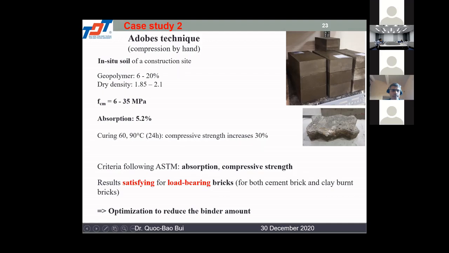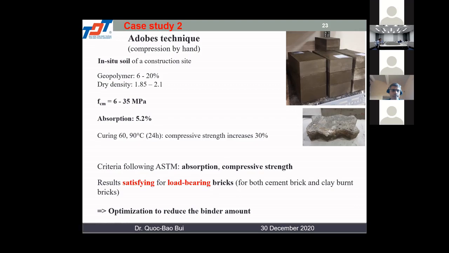And we observe that curing at 90 degrees Celsius during 1 day can increase the compressive strength by about 30%. So the values satisfy the American standards on absorption and compressive strength, that is satisfying for load-bearing brick.